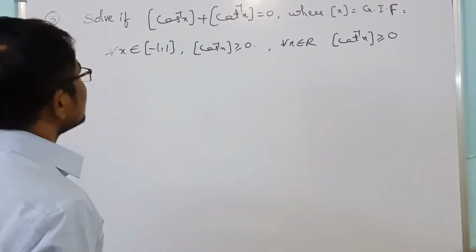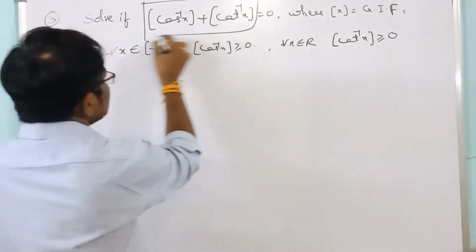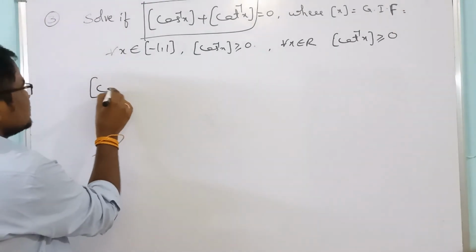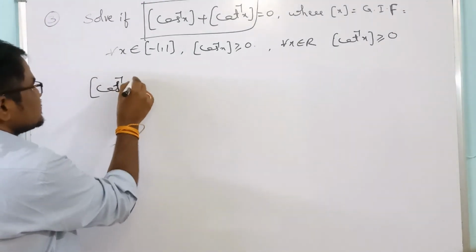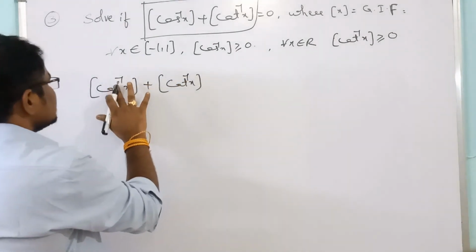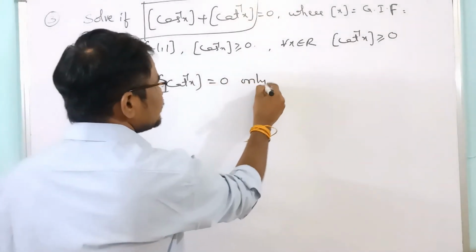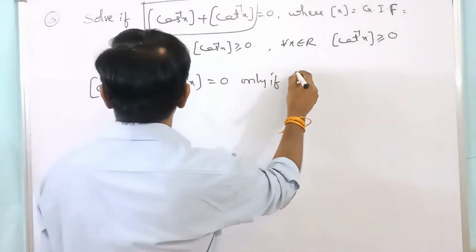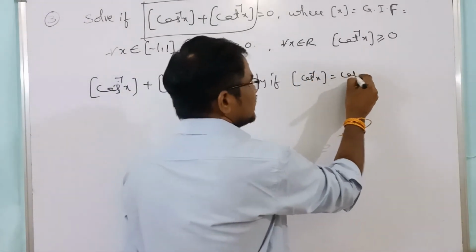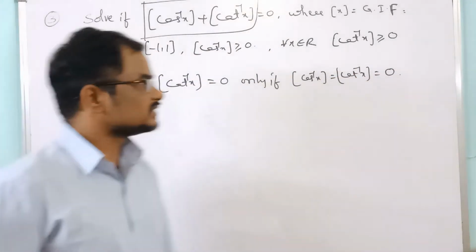Now, this one plus the second one equal to 0 means greatest integer of cos inverse x plus greatest integer of cot inverse x, both equal to 0 only if both greatest integer of cos inverse x and greatest integer of cot inverse x are equal to 0, right?